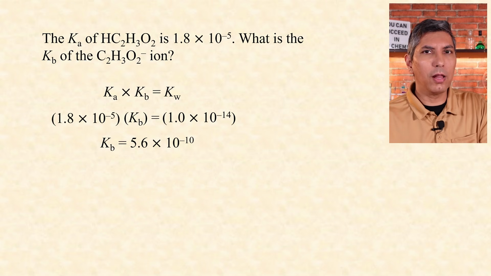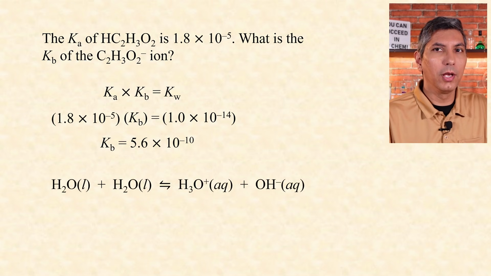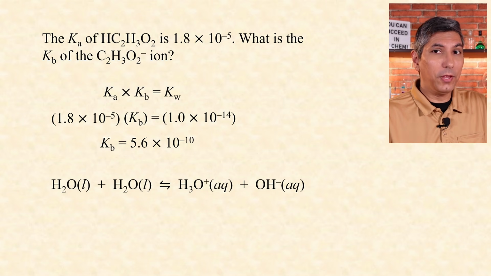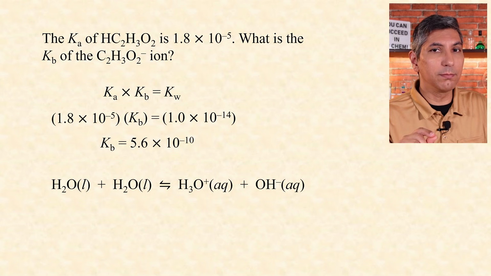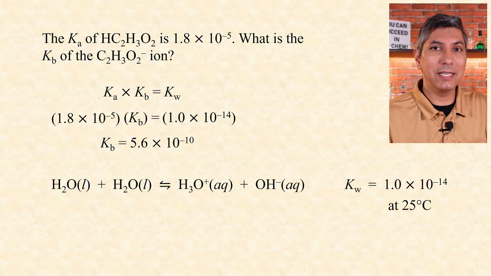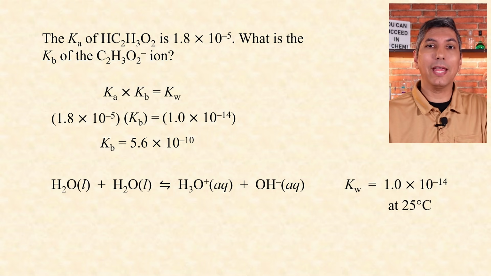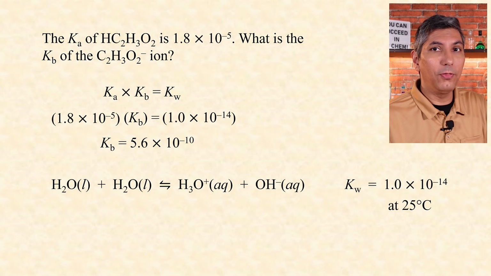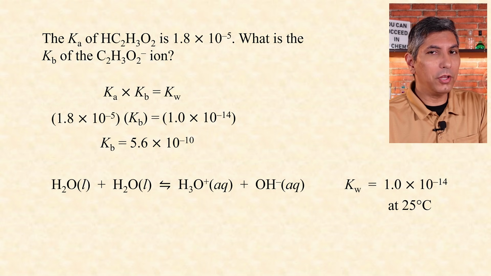Kw involves the fact that water undergoes autoionization. This is where two molecules of water react with each other to produce hydronium and hydroxide ions. The equilibrium constant is a very small value, 1 times 10 to the negative 14th, which we call Kw. Remember, this value for Kw only applies at 25 degrees Celsius.